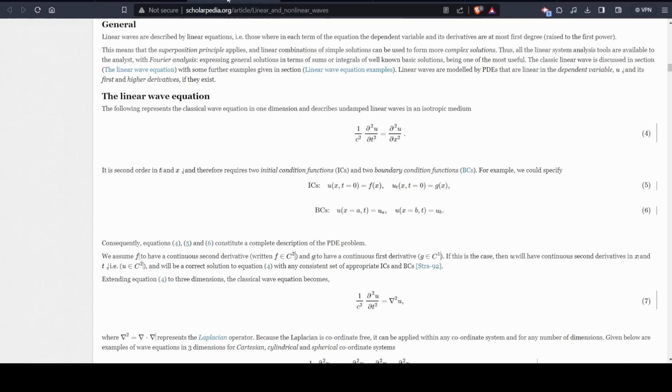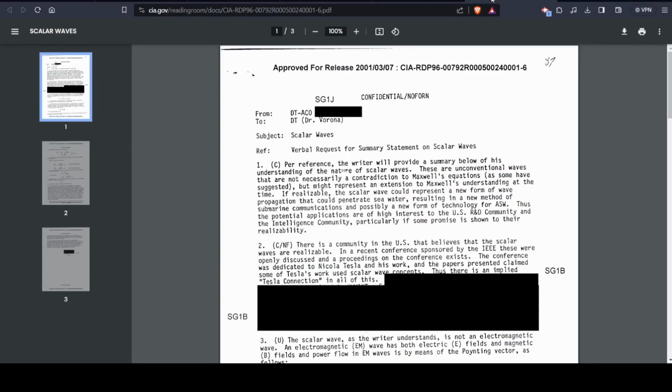And there was a CIA paper that was published. Well, it was just published, I'm sorry, in 2001. It was written in 1987 and talks about scalar waves. Just to quote from this paper, it says: the scalar waves refer to non-electromagnetic waves with the potential for unconventional wave propagation.